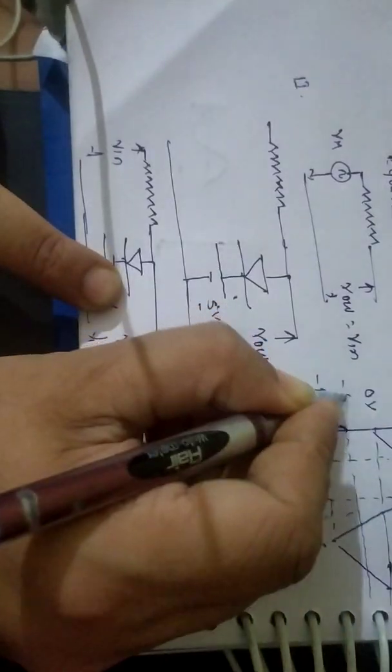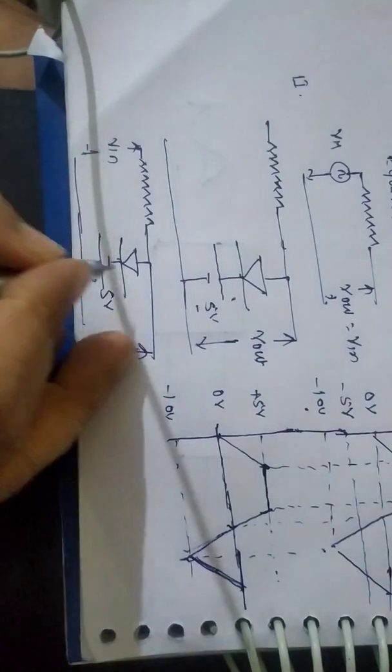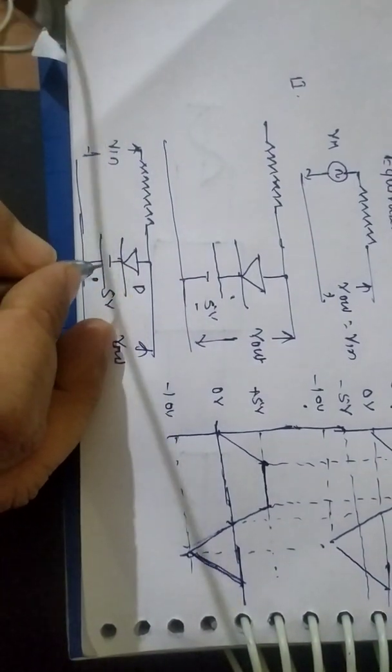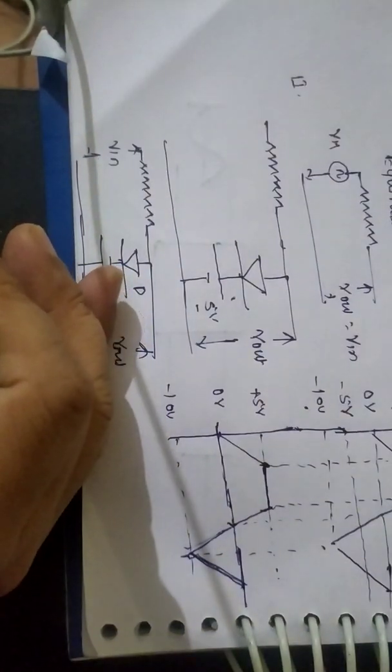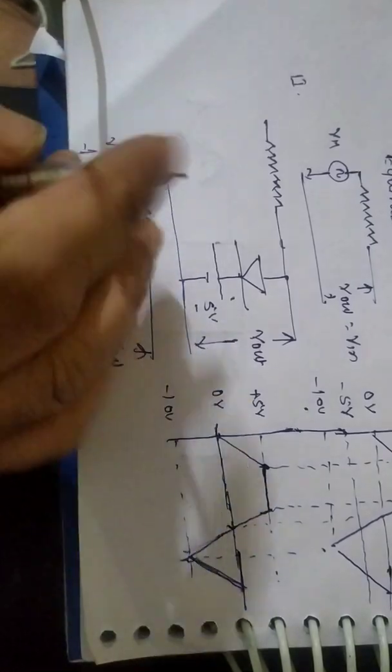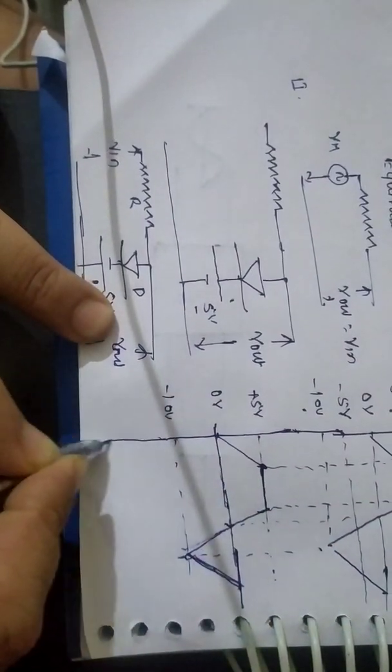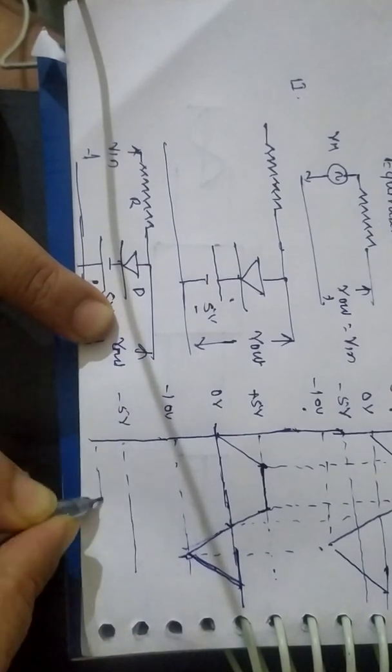And the position of the diode indicates it's a positive clipper circuit. So any input voltage beyond this minus 5 volt is going to be clipped by this circuit diagram. So the range of output here is only from minus 5 volt to minus 10 volt.